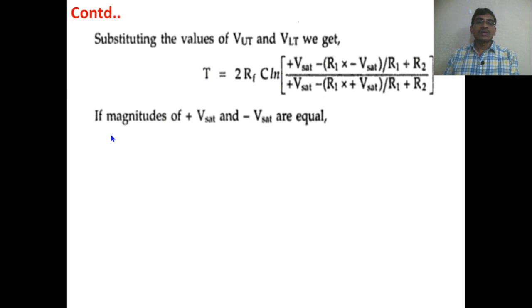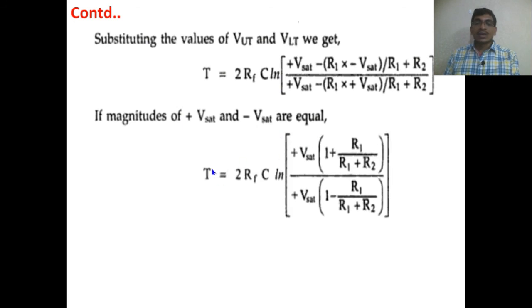Therefore, if the magnitudes of plus Vsat and minus Vsat are equal, then we can write T is equal to 2 RFC ln of plus Vsat into 1 plus R1 by R1 plus R2 divided by plus Vsat into 1 minus R1 by R1 plus R2.